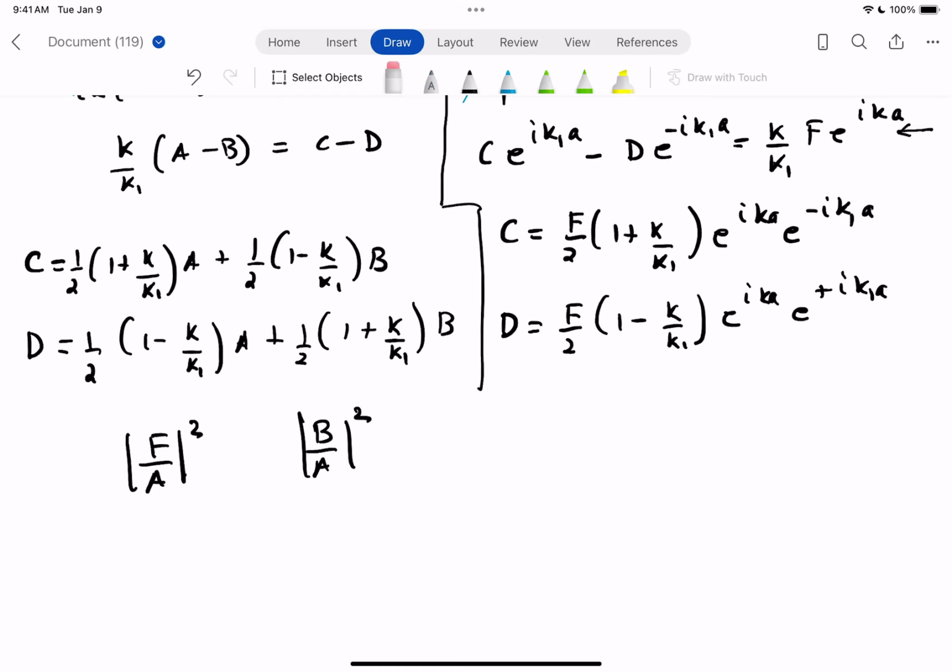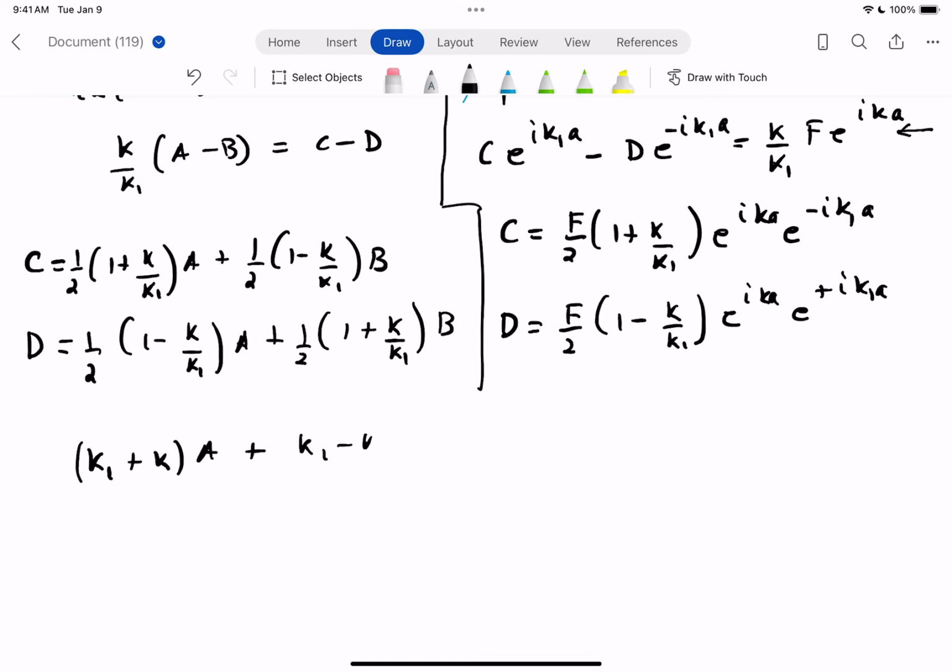Okay, so to find B over A, let's get rid of the C and the D. So let's divide C over D on the left side and equate that to what we get for C over D on the right side. So on the left side, we get K1 plus K times A. Basically I'm dividing C over D, and then I am multiplying the numerator and the denominator by K1 just to straighten out these fractions.